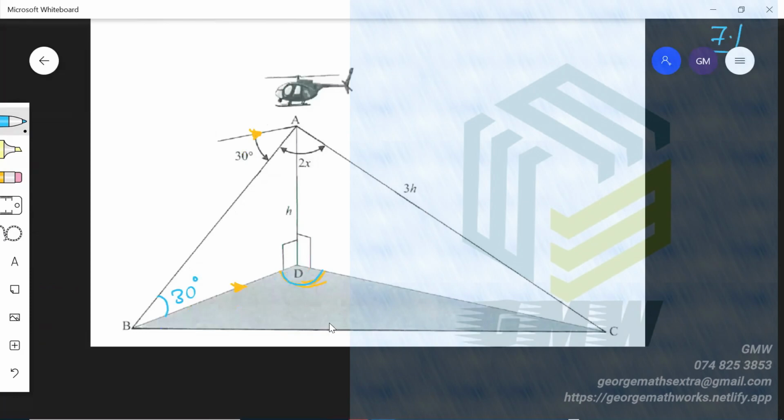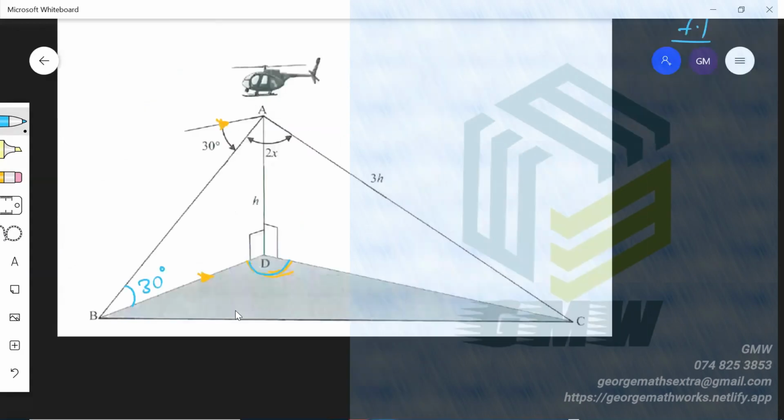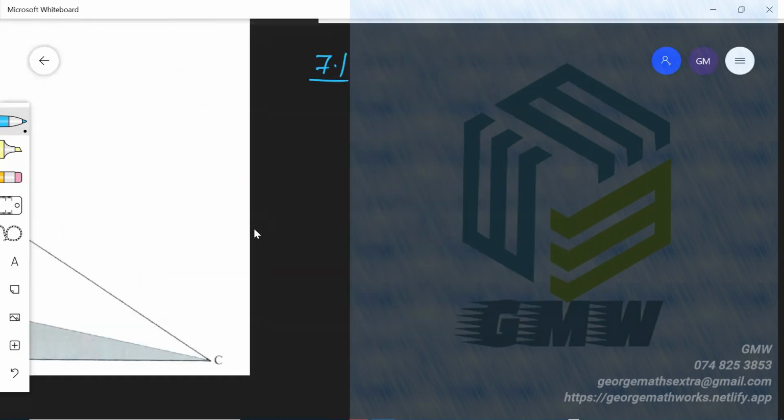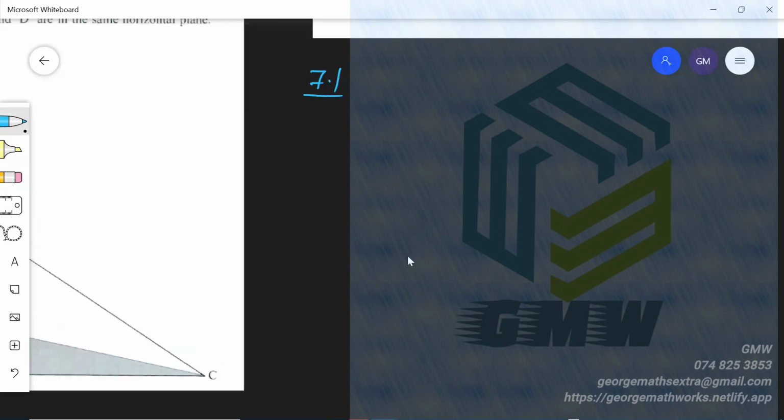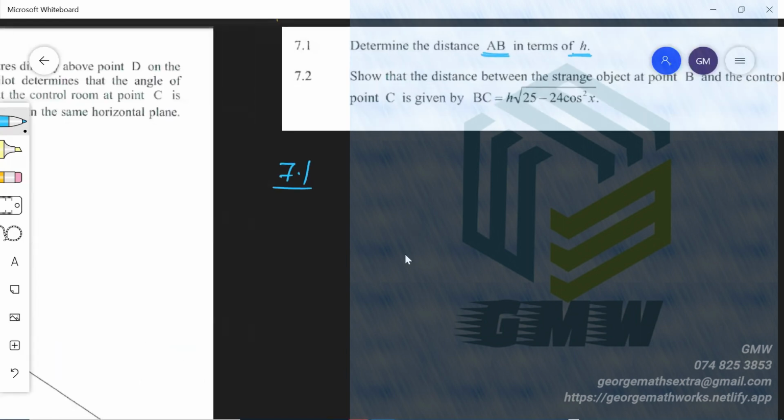Do you see that they want the distance AB? And in terms of h, do you see the right-angled triangle we are using? It's ABD. So I can extract it and draw it on the side to make things easy for me.